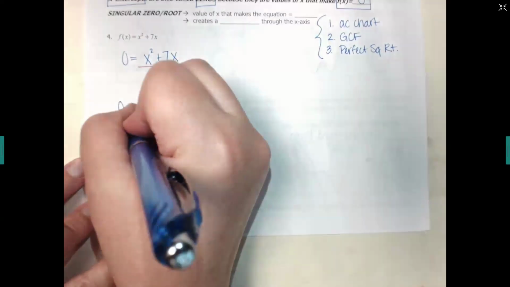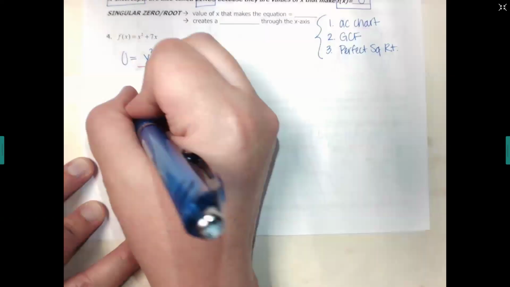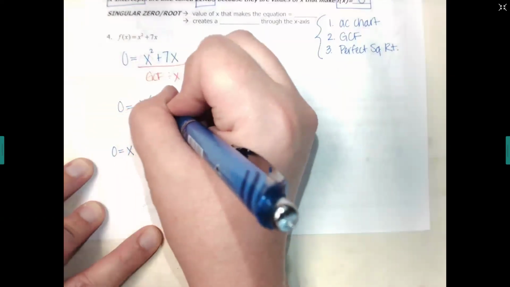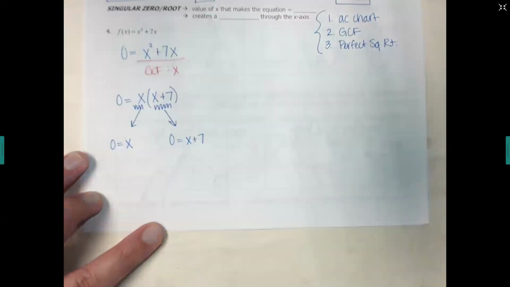Whenever 2 things multiply to 0, one of them has to equal 0. So you're going to split your equation into 2 baby equations. Let 0 equal x, and let 0 equal x plus 7.